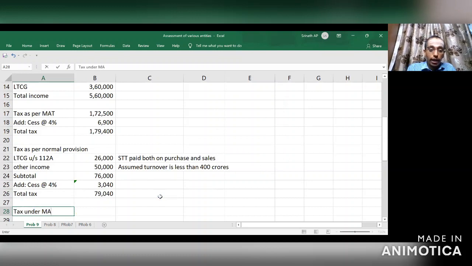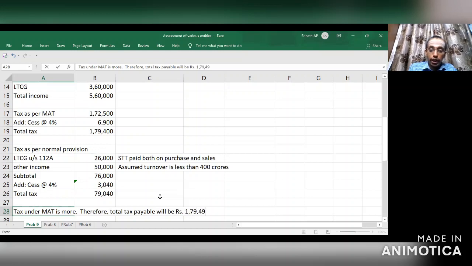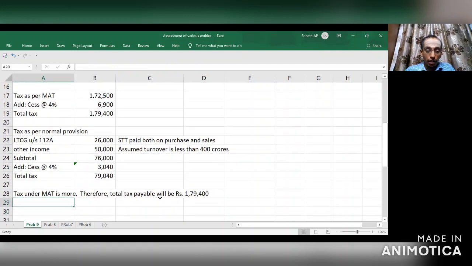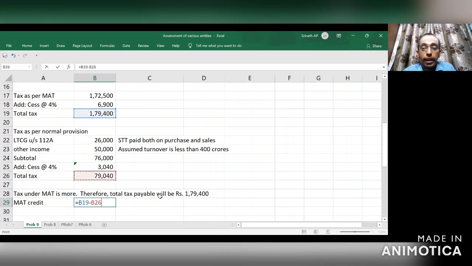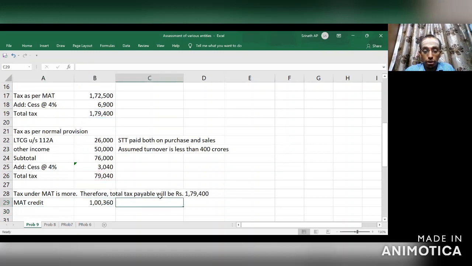Tax under MAT is more. Therefore, total tax payable under MAT will be 1,79,400. Then MAT credit would be 1,79,400 minus 79,040.